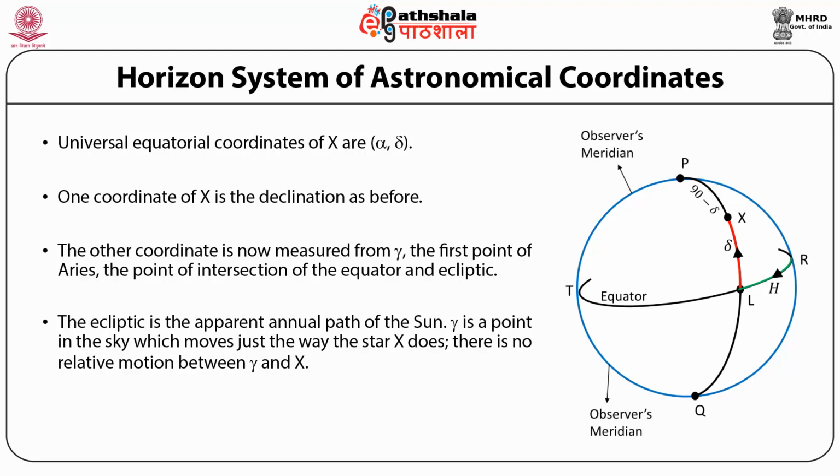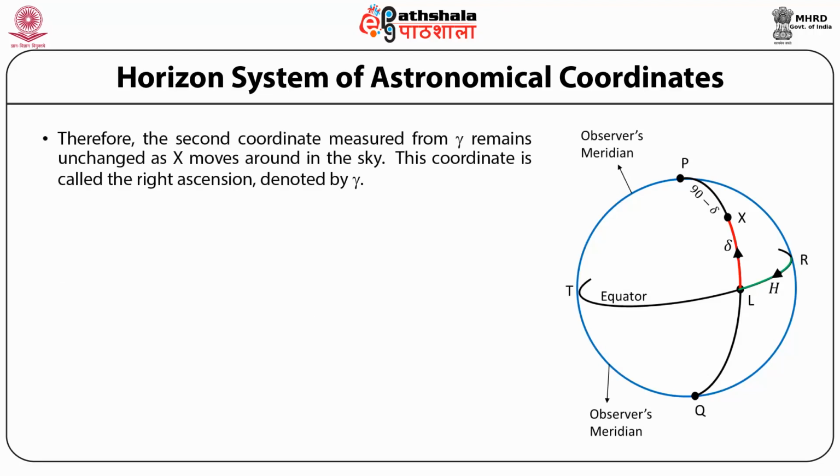The intersection of the ecliptic and the equator is the point which is marked as the first point of Aries, or the vernal equinox. This is our reference point. It moves just the way star X does, so there is no relative motion between X and the vernal equinox. Therefore, the second coordinate measured eastwards from the first point of Aries remains unchanged as X moves around the Earth.